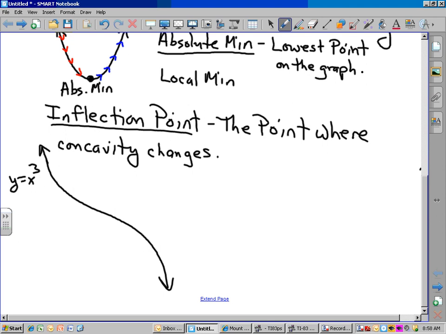Now, at some point in time, okay, about right here, the top part of this is curved, okay? What direction is the curve opening to? It's opening up. So curved up means concave up. Okay, the graph is curved and it's opening up. That's concave up.